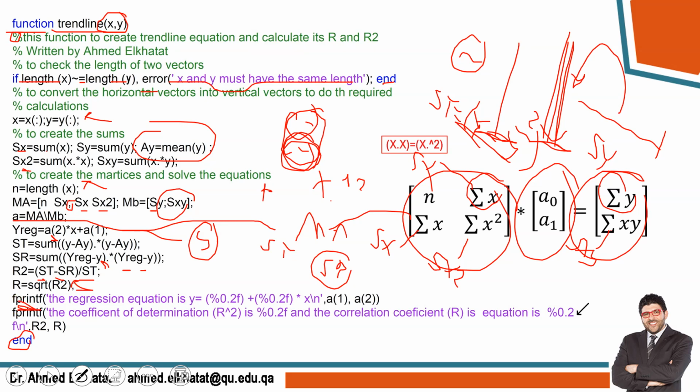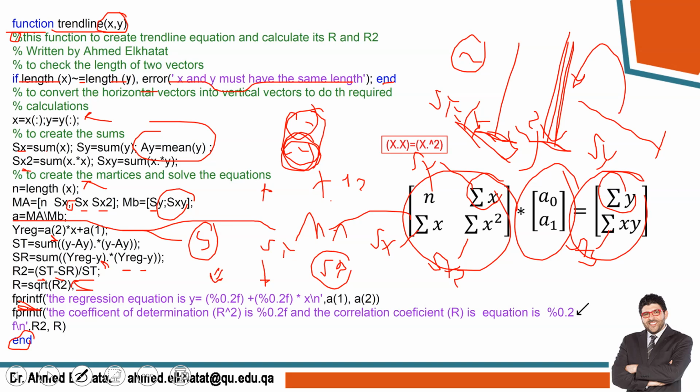Okay, now we will show that the regression equation is y equal, and we want to put some data here. This is the format of the data, and in order to make it clear, I will put it between parentheses, plus I also want to put some data here, times x, and a backslash in single quotes.